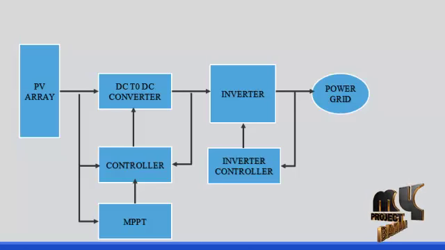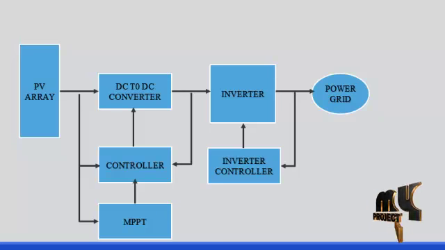Those switches are triggered using the inverter control, which has a space vector pulse width modulation technique based controller. The PWM generator generates the pulses for the inverter's power electronic switches.